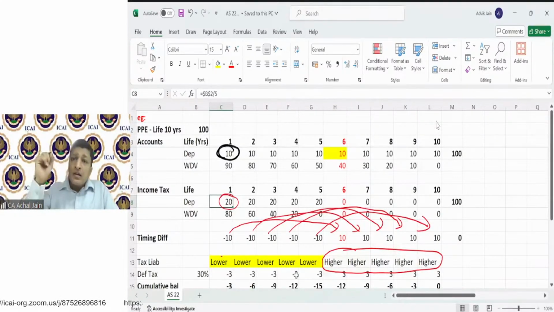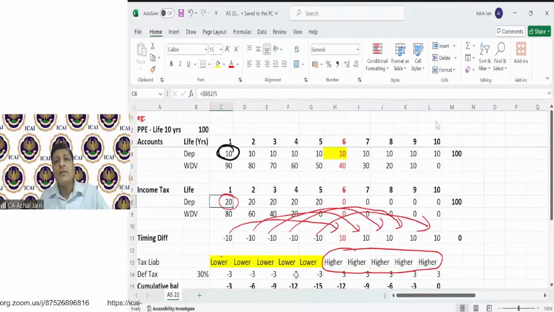But this higher tax which the company will be paying in year one, will it again be a kind of permanent difference? No. Why? Because this will also reverse in the future years.